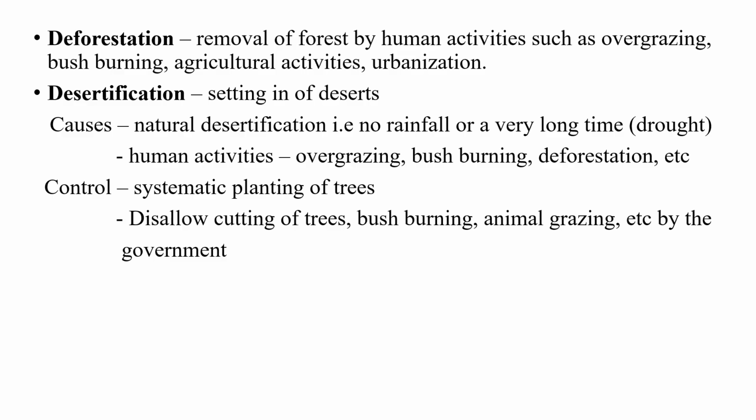That is deforestation. Deforestation is another human activity that affects our environment. Deforestation simply means the removal of forests by different activities, for example by bush burning and by agricultural activities.